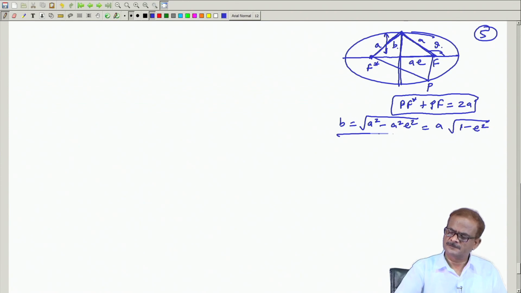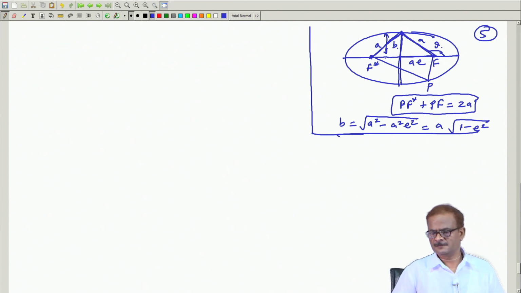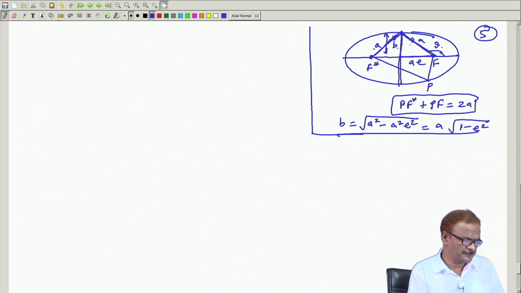This is so straightforward, but we took a generalized way of doing it while discussing conic section. That was good, because it was independent of this information that the lengths are equal to a, which we did not use there. So, let us forget this and return to what we are interested in doing here.